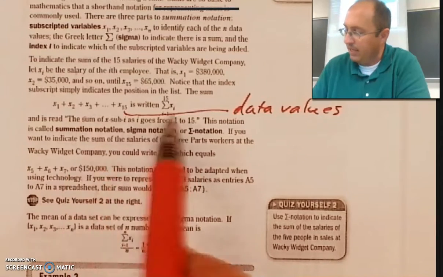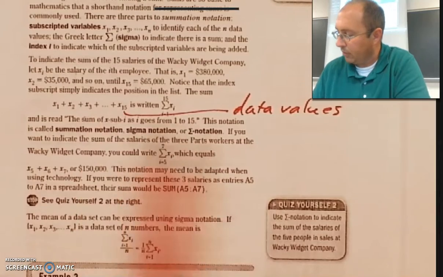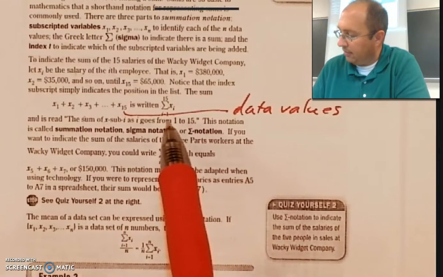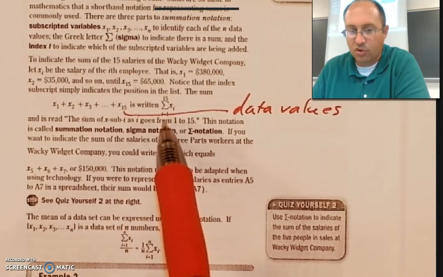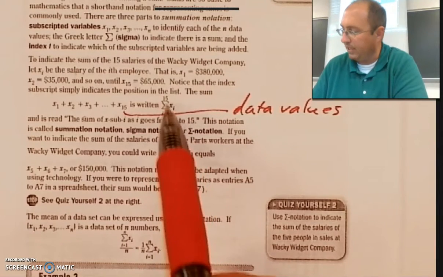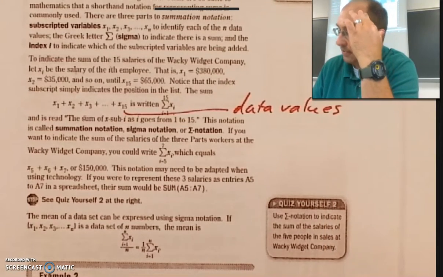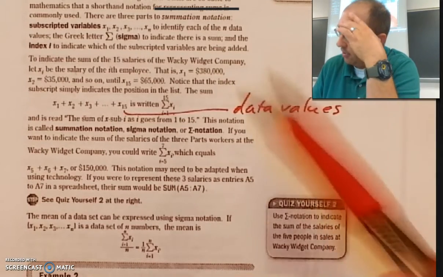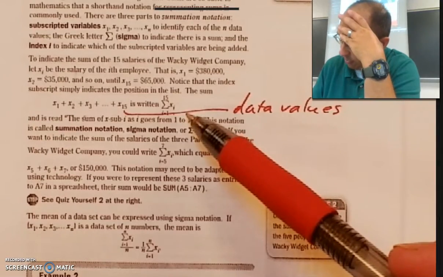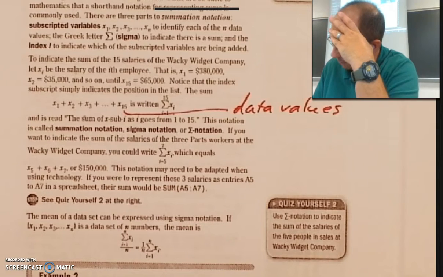Well, these two things mean the exact same thing. This is just shorthand notation for this. So it's just saying that you're adding up, so you're going to insert a 1 for i, and then a 2 for i, and then a 3, all the way up to 15. It doesn't mean that the data values are 1, 2, 3, 4, 5, 6, 7. Because the data values in the last one were 24, 24, 27, 30, 30, 30, those kind of things.